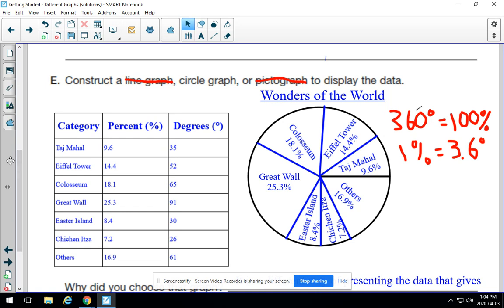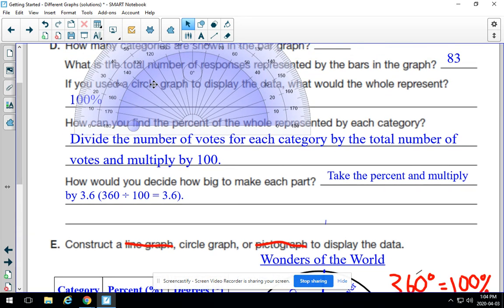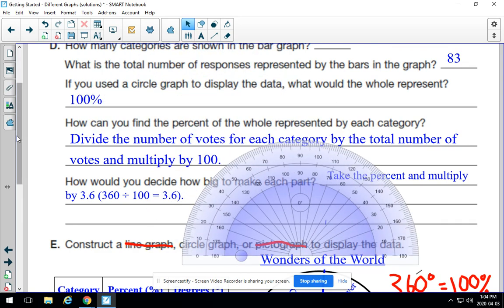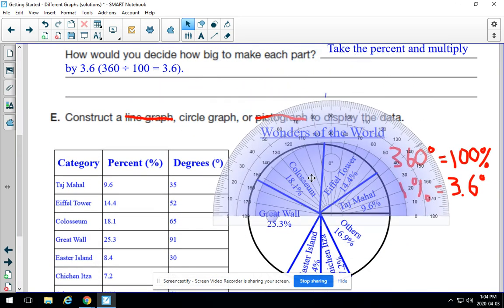You draw a circle. You can use your compass, or you can trace around a circular object. You then would bring in a protractor to measure the degrees for each angle. So I would just grab a protractor, I'd bring it in, I'd line it up with my circle.